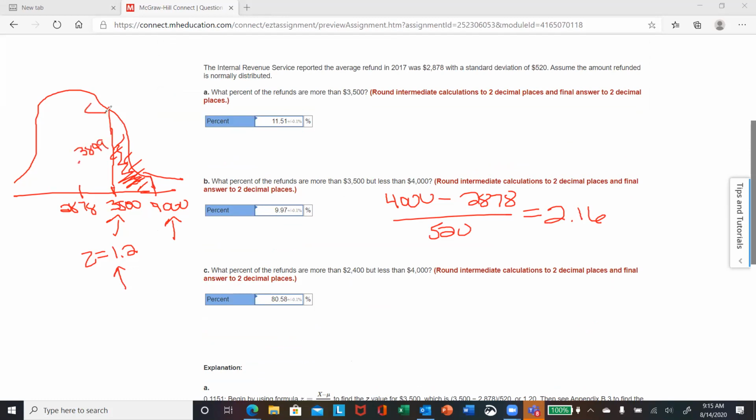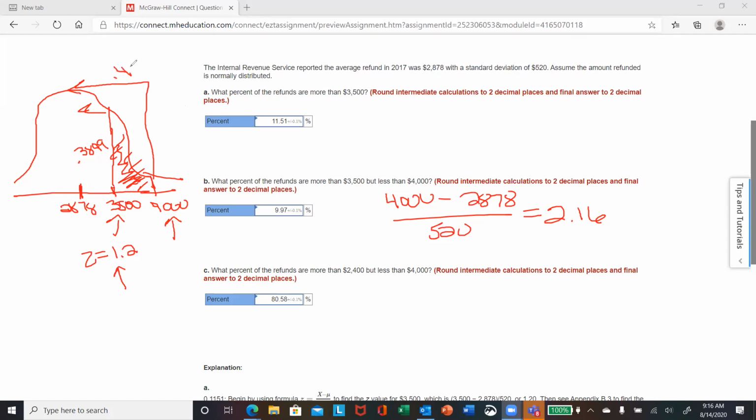So that's the area, again, that goes down to 0. If I look up the 4,000, which is 2.16, that's 0.4846.